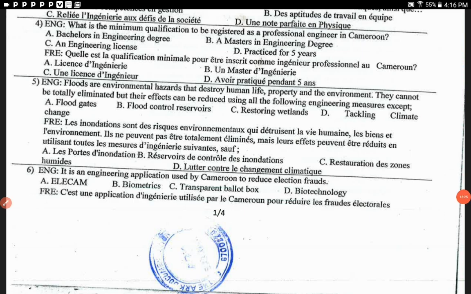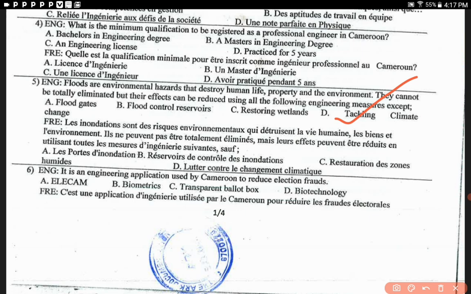All right, so like I said, we are looking at the question that says all of these except one. That except one, the answer is going to be D, and I'm going to explain why D. We have floodgates, we have flood control reservoir, and we have restoring wetlands.